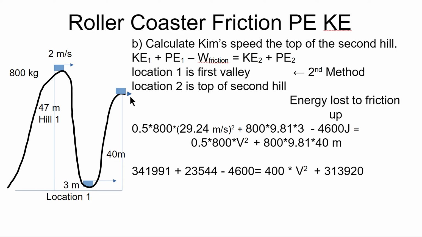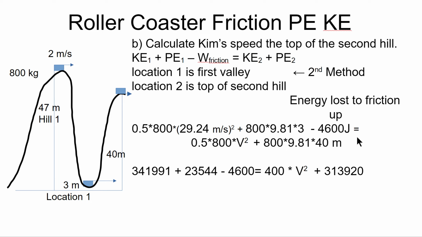of the second hill. And now 1/2 mv squared, my v is at the bottom of hill number 1. It's not 2 meters per second. That was at the top of hill number 1. And the mgh, it's only 3 meters above the ground for location 1, not 47 meters. And we are only considering the motion from the bottom of the hill to the top of hill 2.